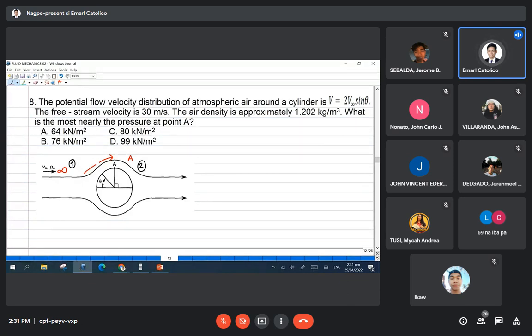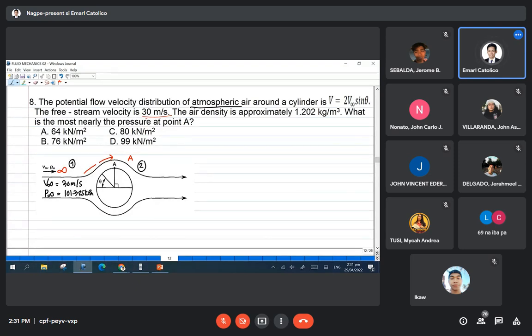So at point infinity, meron tayong given na 30 meters per second. So V of infinity is equal to 30 meters per second. Then, atmospheric daw yung ating initial condition, no? So, P of infinity is equals to 101.325.